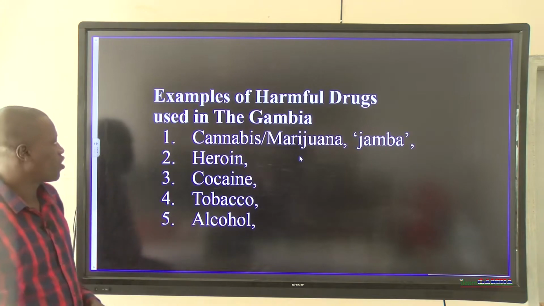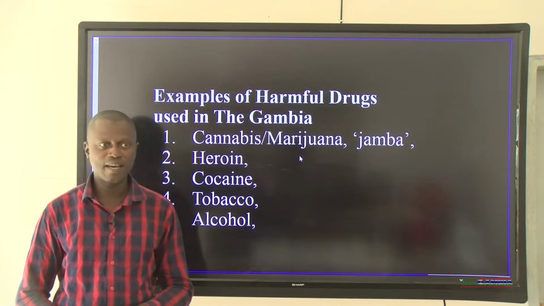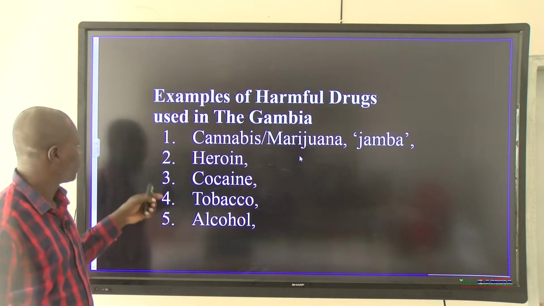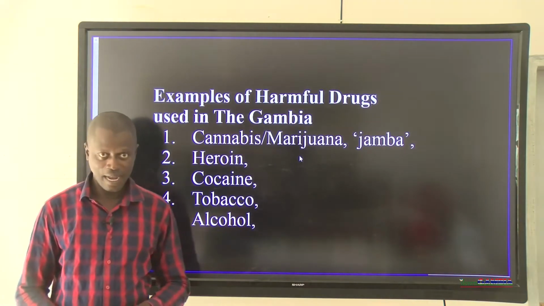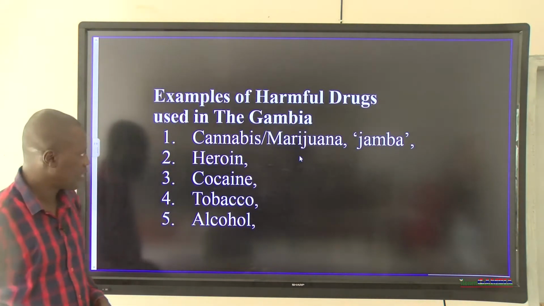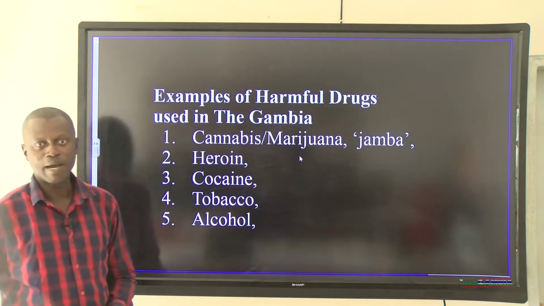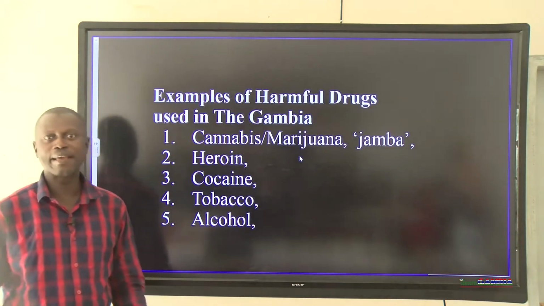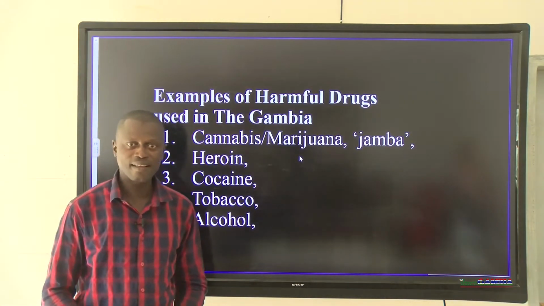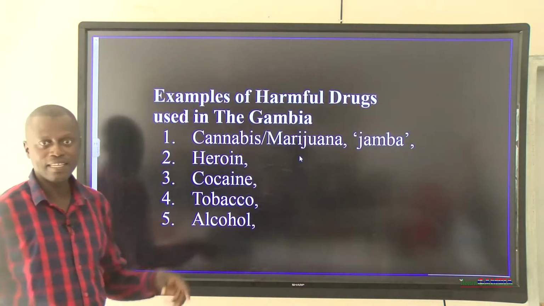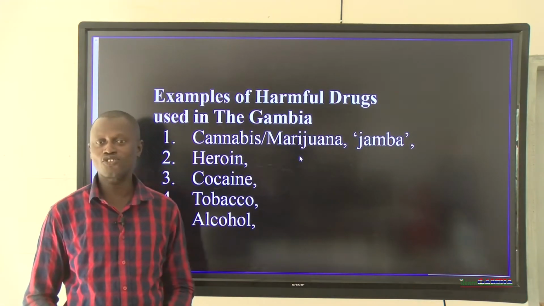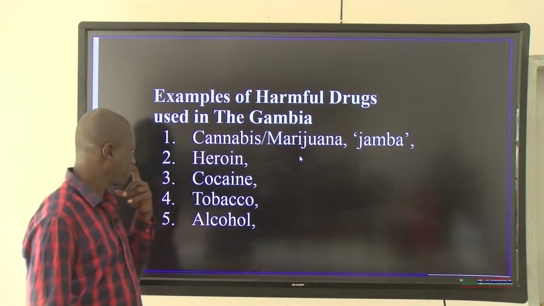Examples of harmful drugs used in the Gambia. 1. Cannabis or marijuana, jamba, Thai, bakso, kuchumpeng, siriftaba, etc., like it is called in various communities.